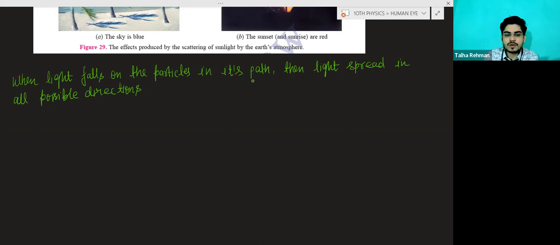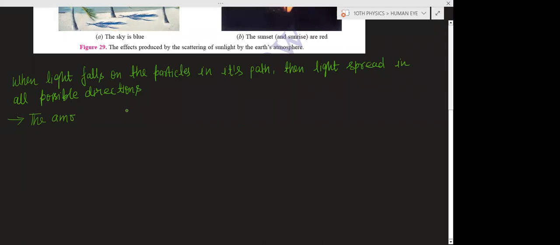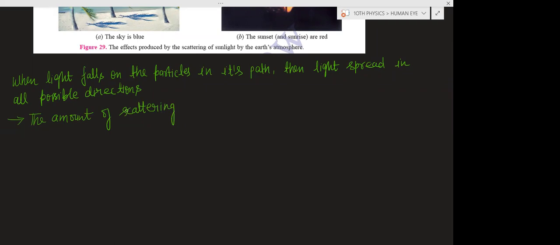Or you can say the amount of scattering depends on the size of the particle.